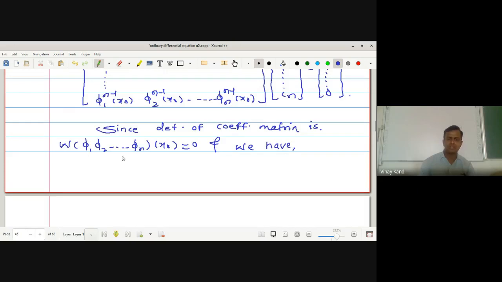The Wronskian of phi 1, phi 2 up to phi n at point x naught, which is equal to 0. Okay, this is the coefficient matrix. So we have the Wronskian at x naught is equal to 0.